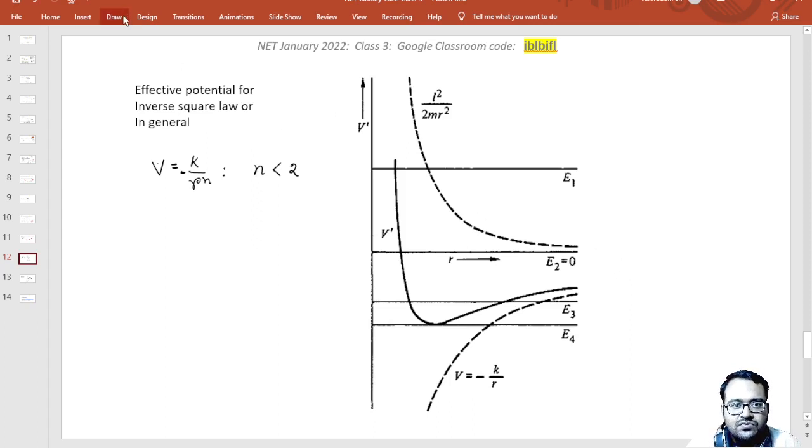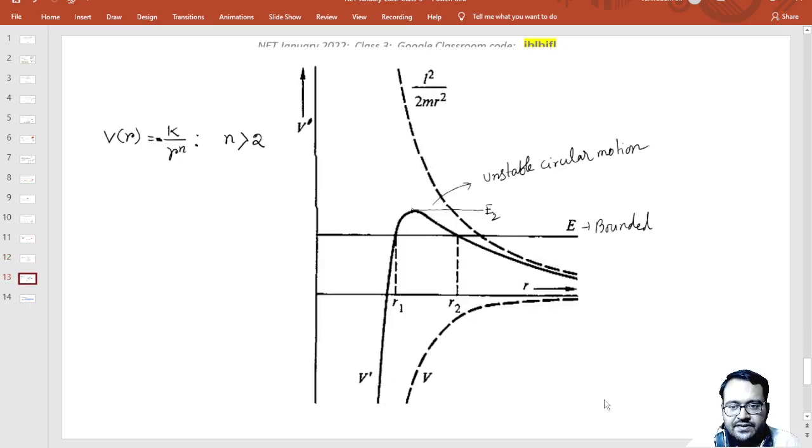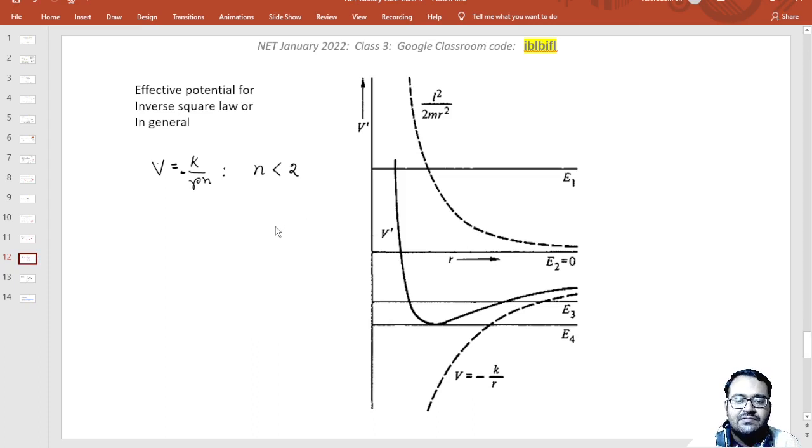We generally use two special types of effective potential. This is one type, this is another type. So what is the difference? This potential is minus k by r to the power n type, where n is less than 2.